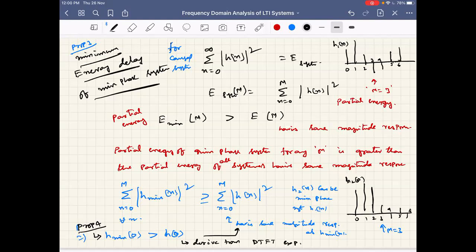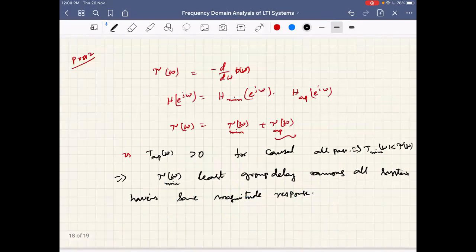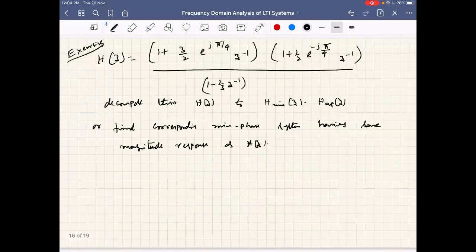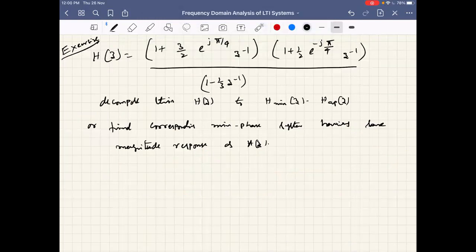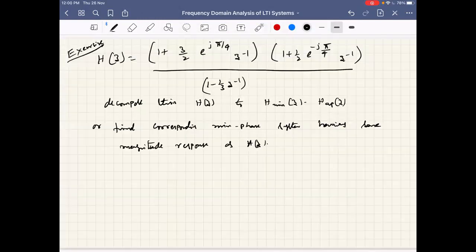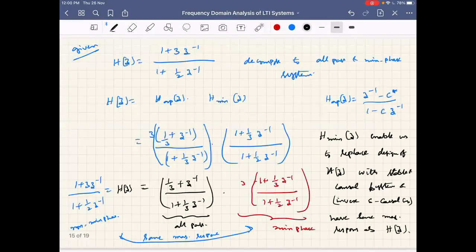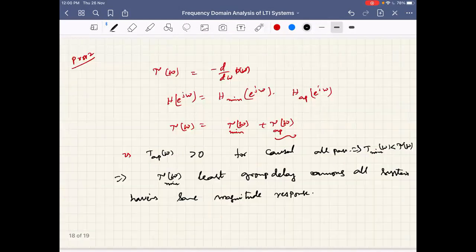Because of all these desirable properties, the minimum phase system is well used in many practical applications, replacing the original system that is given. This all-pass minimum phase decomposition will enable us to do that effectively.